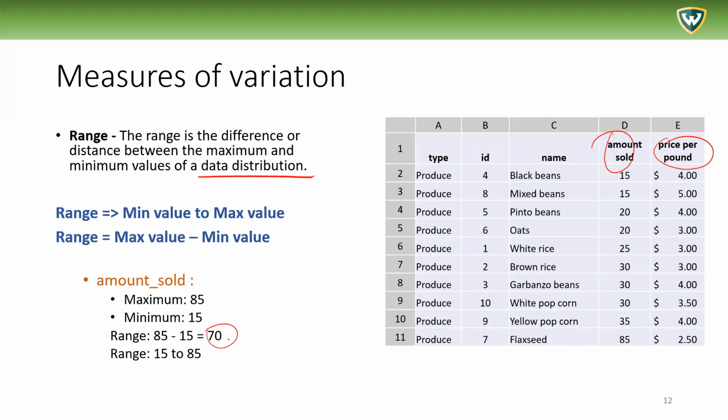So the range is 70, but it's always good to report the minimum and the maximum. That's how it's usually reported. Then we can just derive the range, because when you just say 70, it could be from 1 to 71 or from 1 million to 1,070,000. So when we talk about range, always focus on reporting the minimum value and maximum value, and then the other person can just find out the difference.